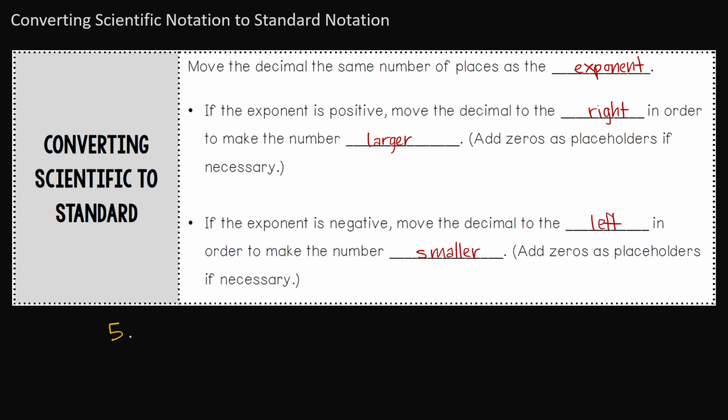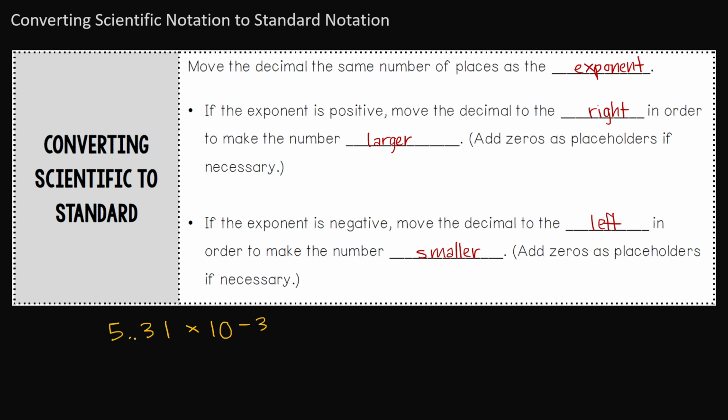So let's go 5.31 times 10 to the negative third power. Well, I know that my exponent is negative, which means I need to move the decimal to the left. And since it's negative 3, I'm moving the decimal 3 places to the left.